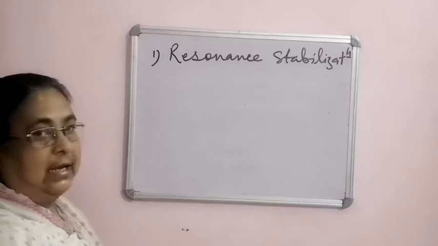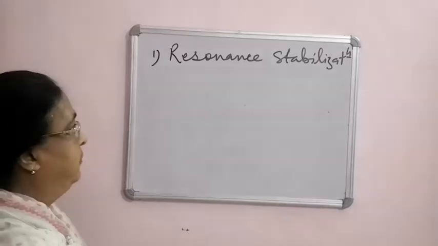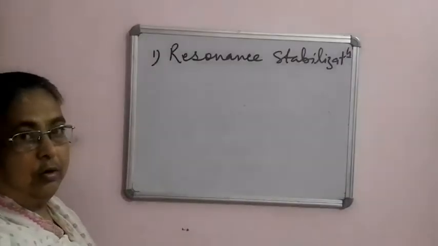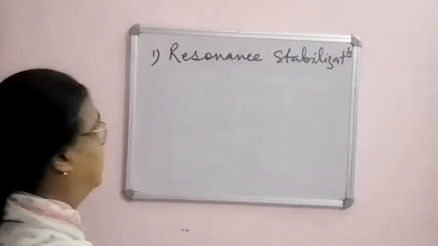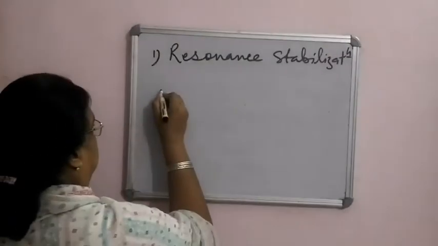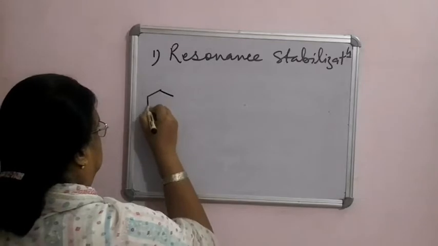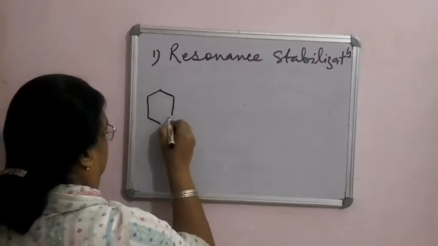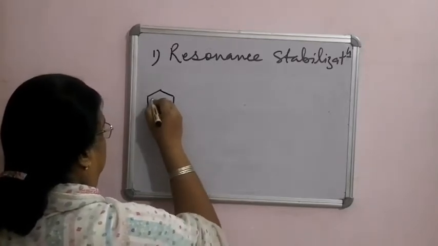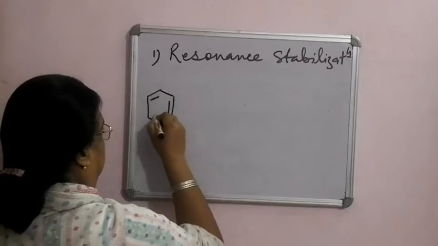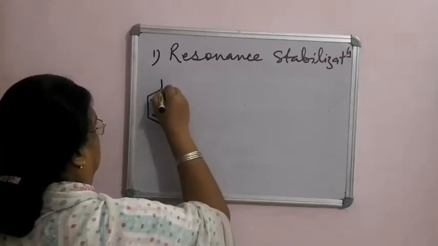Therefore, alkyl halides are more reactive than chlorobenzene or chloroarene or haloarenes. So we'll see the resonance structure. We'll draw, and you should know how to draw. This also you have done in class 11.